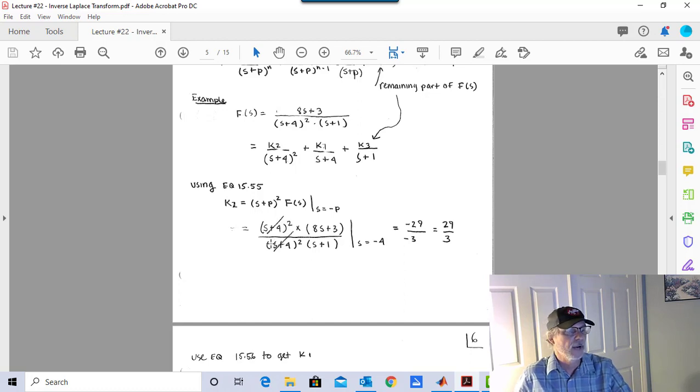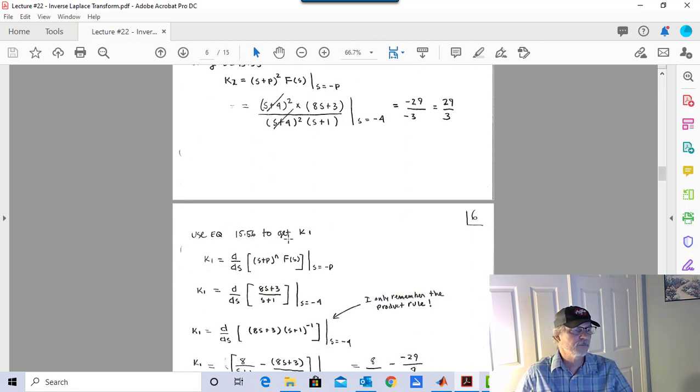Let's go ahead and just do it. Our s plus 4 squared is going to cancel out with this s plus 4 squared. And we're going to substitute in negative 4. So 8 times negative 4 plus 3 is negative 29. Negative 4 plus 1 is negative 3. And we get k2 is equal to 29 over 3.